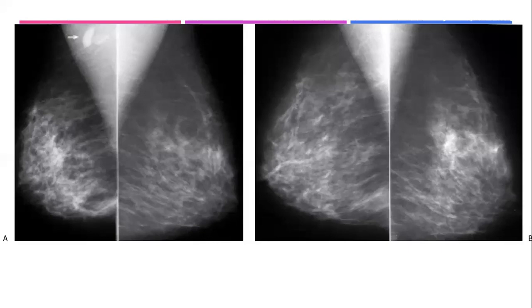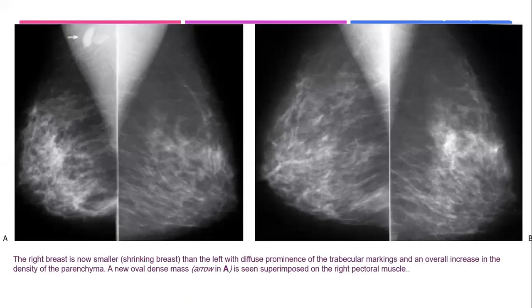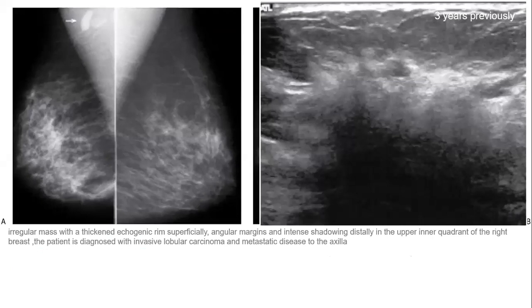Okay, and here the arrow is obviously pointing to the pathological axillary lymph node. And in this case, this is the ultrasound, demonstrating a large infiltrating mass, usually seen with which type of cancer?